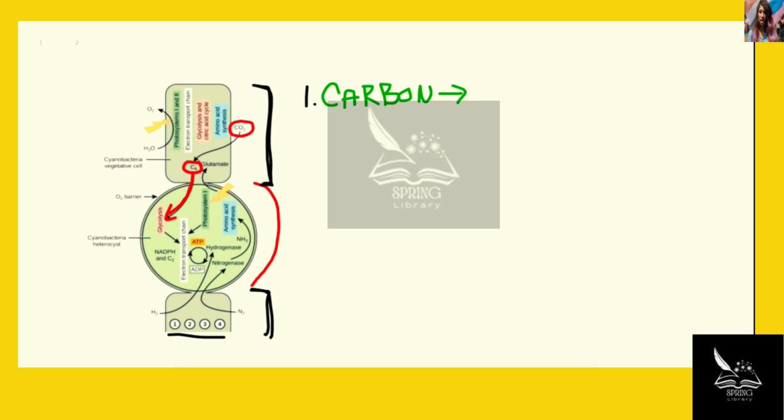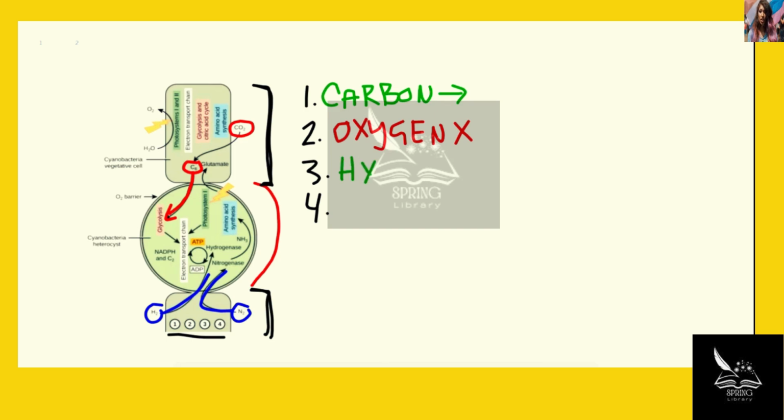But then it's also omitting the oxygen. And then the third and fourth feature can be seen at the bottom. It's putting both the hydrogen and nitrogen into the heterocyst, right? So both the hydrogen and nitrogen.